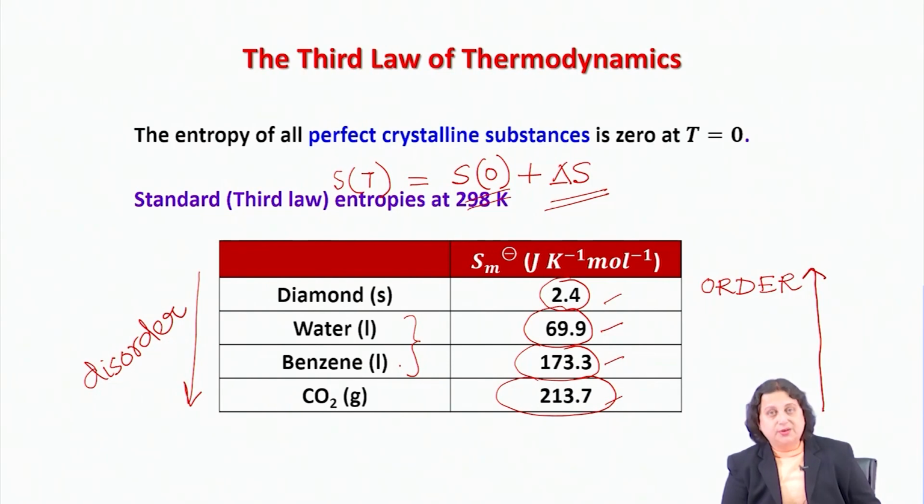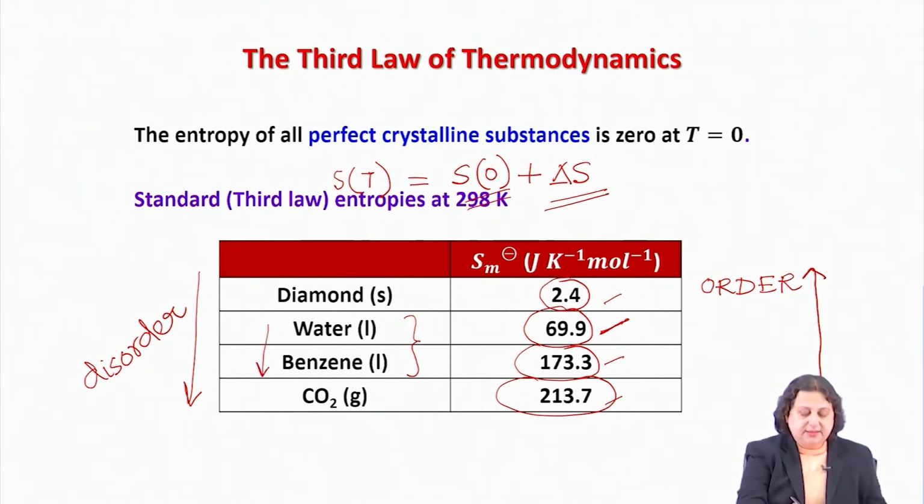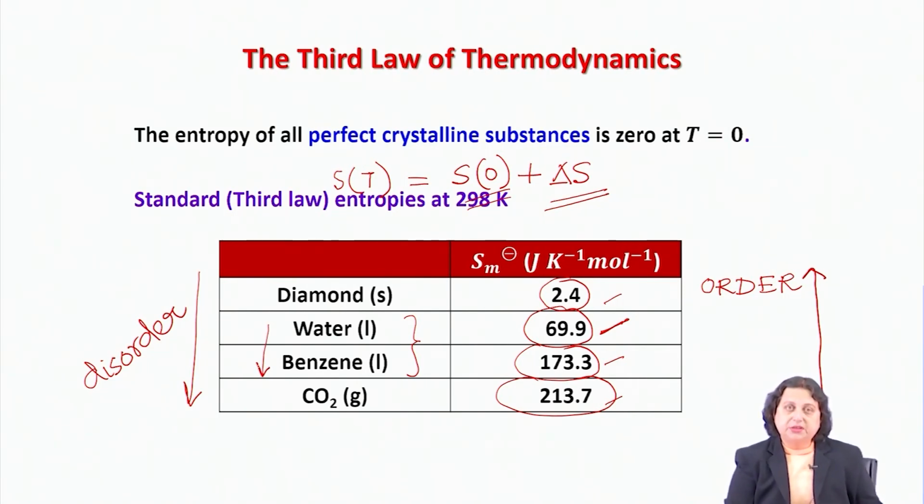Of course, there is no hydrogen bonding by the standard definition in liquid benzene, and therefore water is expected to have a lower value of standard entropy at 298 Kelvin because of hydrogen bonding, which makes it more ordered. Therefore, if I go from water to benzene, the disorder increases in the microscopic structure and the entropy also increases.